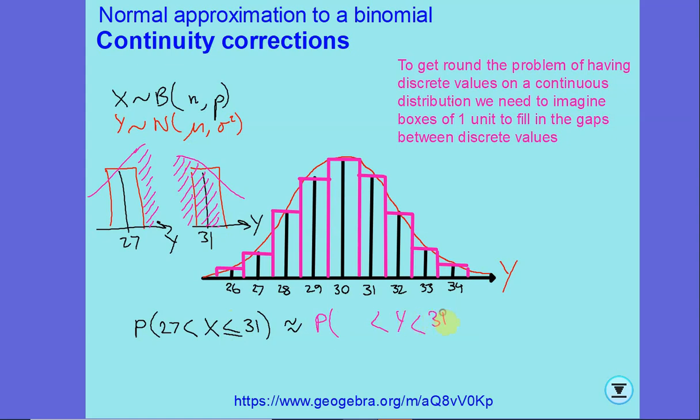So we're going to go all the way to the other side of 31, 31.5, and 27.5 here. Lots of people get confused with this because they want to take it down and up. There are ways and patterns that people will tell you, but that's not my advice. Just draw the picture, really think about it.